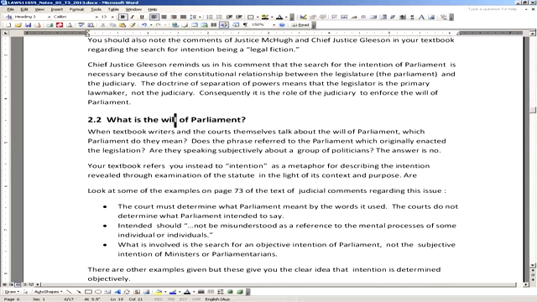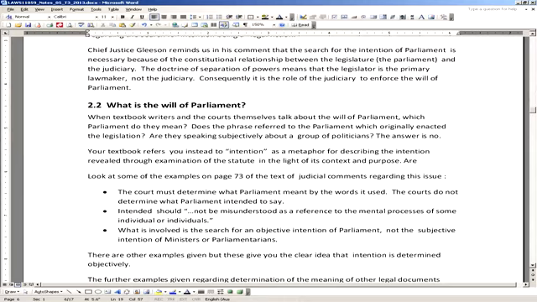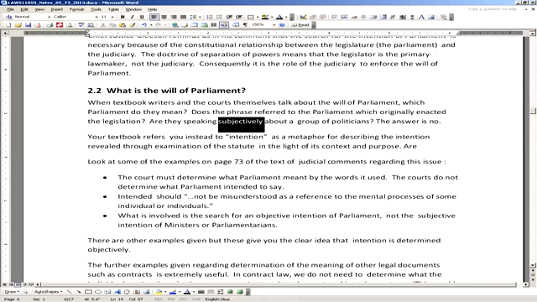So when it uses the will of Parliament, to some extent that's like a fourth definition. We've been talking about purpose, intention, objects, the will, or maybe that's the same again. Maybe we're just repeating the concept. When textbook writers and the courts talk about the will of Parliament, what are they talking about? Are they speaking subjectively, which means are they trying to work into the mind of the individuals who passed the legislation?